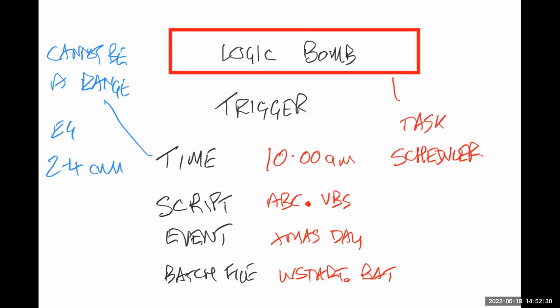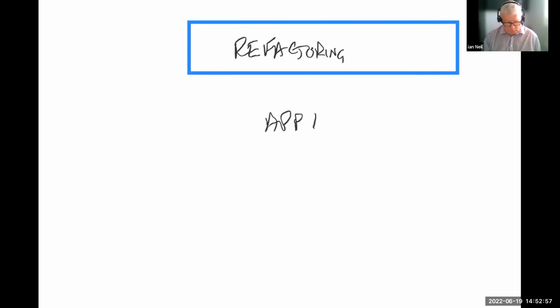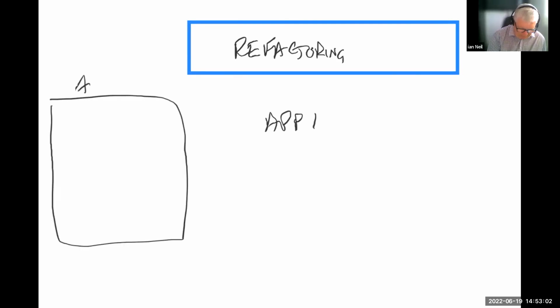Now, there's an application attack that's been coming in, and I'm going to teach you this, and it's called refactoring. Now, let's look at an application, and we're going to call it App 1. What the bad guy is going to do is going to go to App 1, and he's going to change the insides.